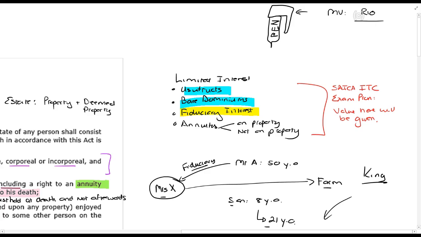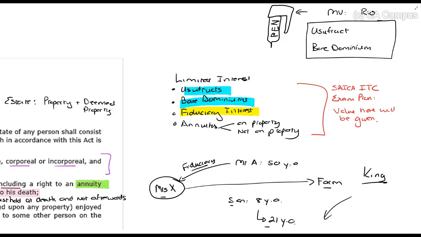Now that pen can be broken down into two components. All assets can, basically. It can be broken down into a usufruct, and it can be broken down into a bare dominium. Now the usufruct is the right to use the asset.